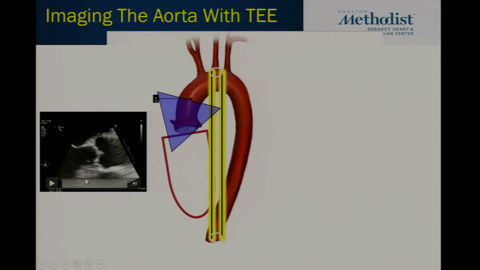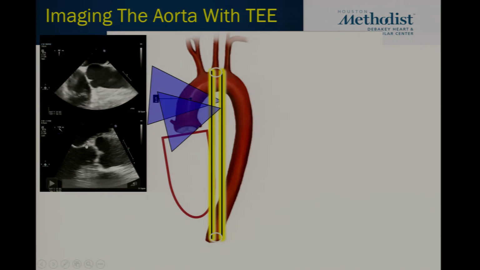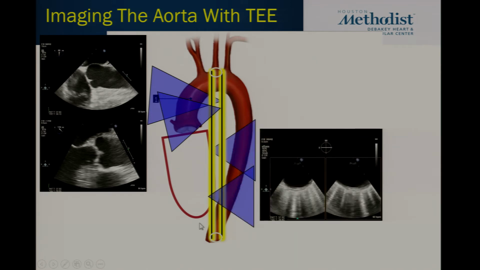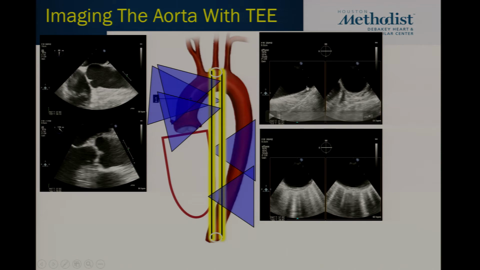With TEE, we see the aortic root very well at about 120 degrees. At about 100 degrees, you can see very well a big portion of the ascending aorta. And then, of course, the descending is very well visualized all the way to the arch. And then we have an area here. This is the arch.